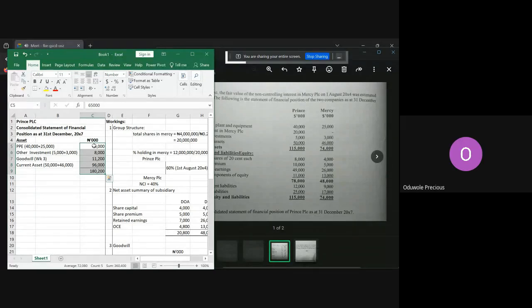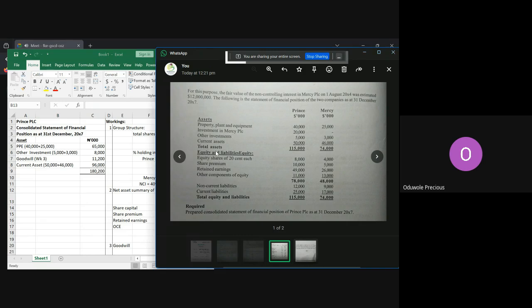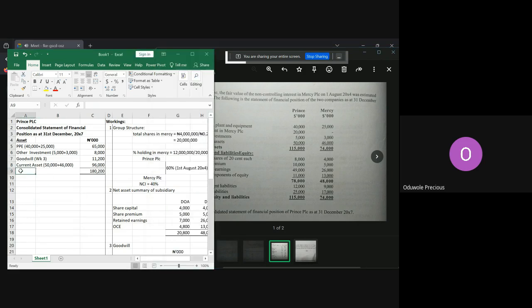So everything there will give us 180,200. So let's do equity and liability. This one is total assets according to what they wrote. So equity and liability, let's bring down here.